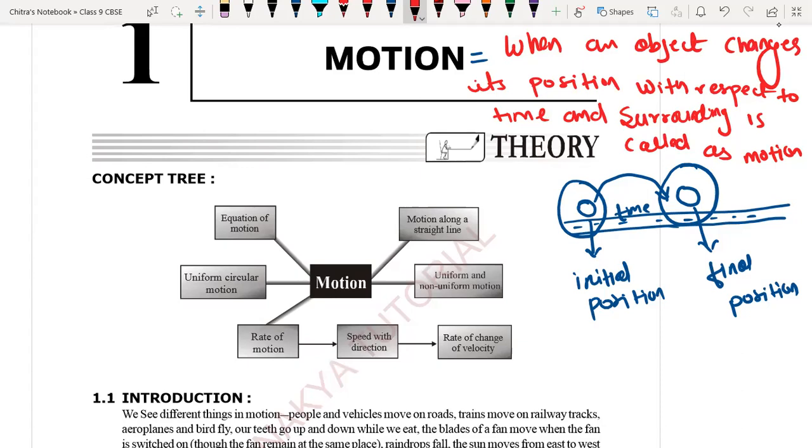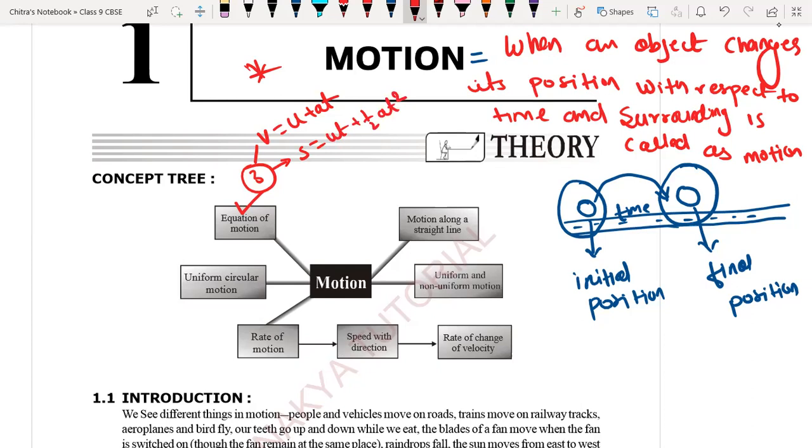Okay. So what we are going to cover in this chapter, we have to understand that first. I hope everyone understood what motion is. In this chapter, we are going to cover the equations of motion. So we have three equations of motion. One is V equals U plus AT. This is the first equation. V is final velocity, U is initial velocity, A is acceleration, and T is time. The second equation is S equals UT plus half AT square.